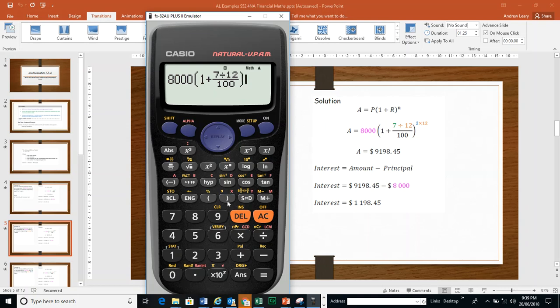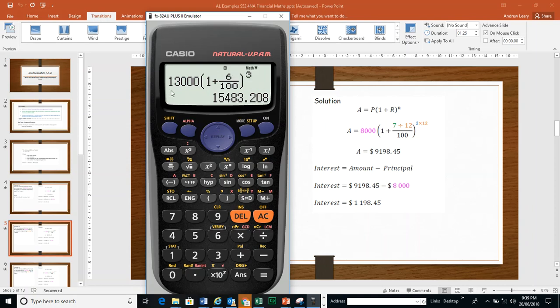To the power of 2 times 12, enter, and you get this number. Notice that I'm rounding to 2 decimal places because it's a finance problem. So that's how you do the divide 12 bit on the calculator.